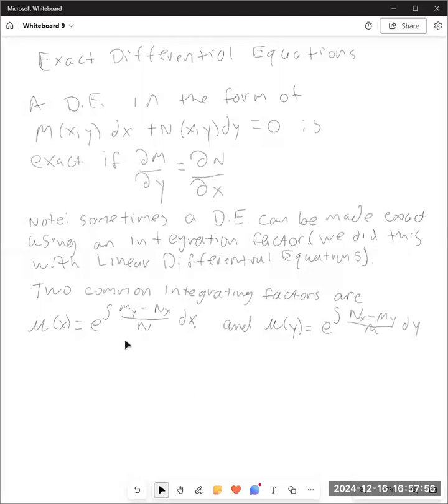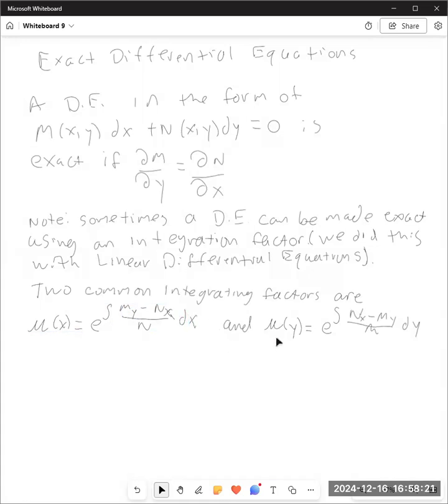A couple of the common integrating factors that we're going to use: when we need an integrating factor mu that is a function of x, we'll use e to the integral of the partial of M with respect to y minus the partial of N with respect to x in the numerator, all over the original N, integrated with respect to x.